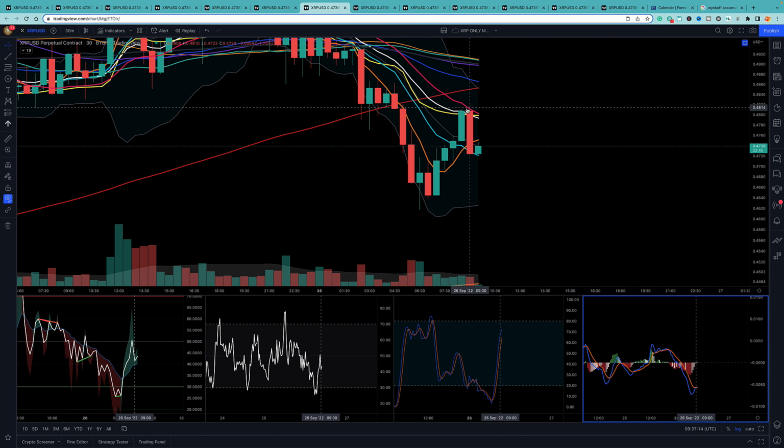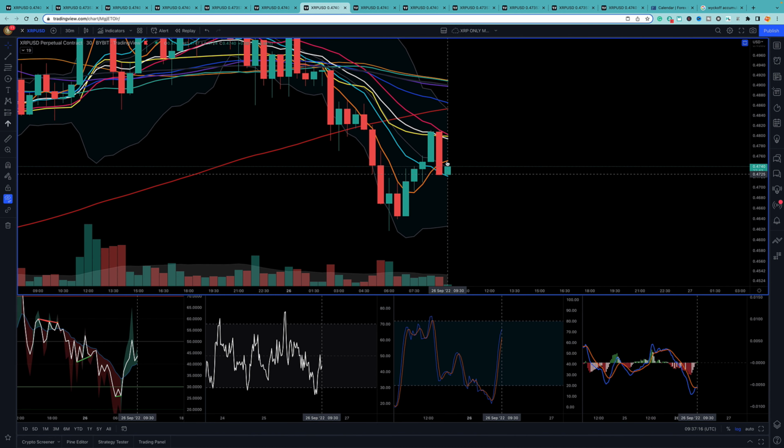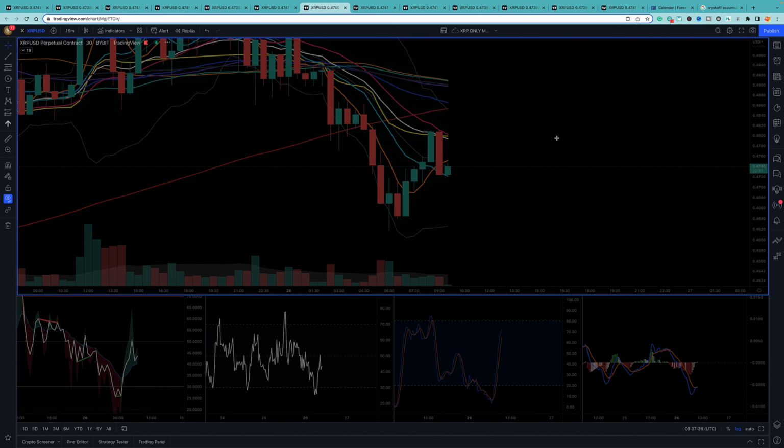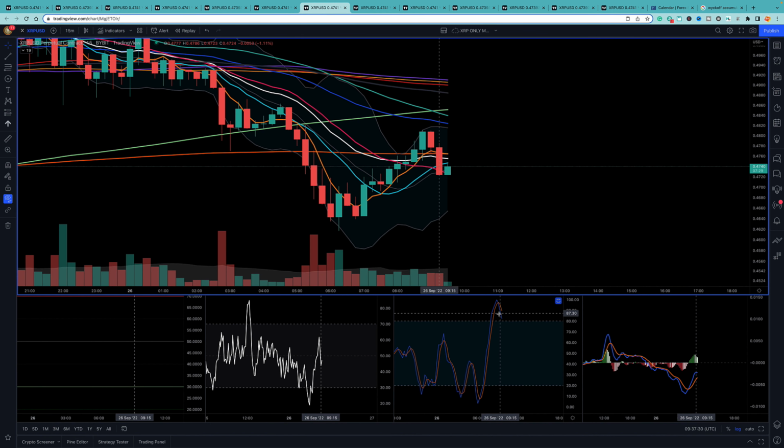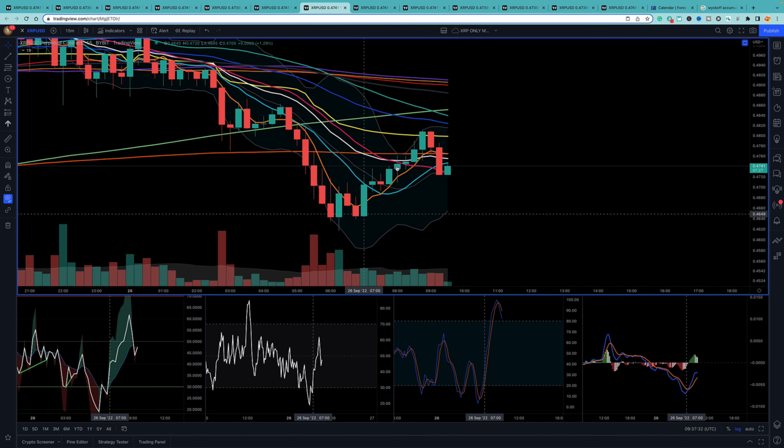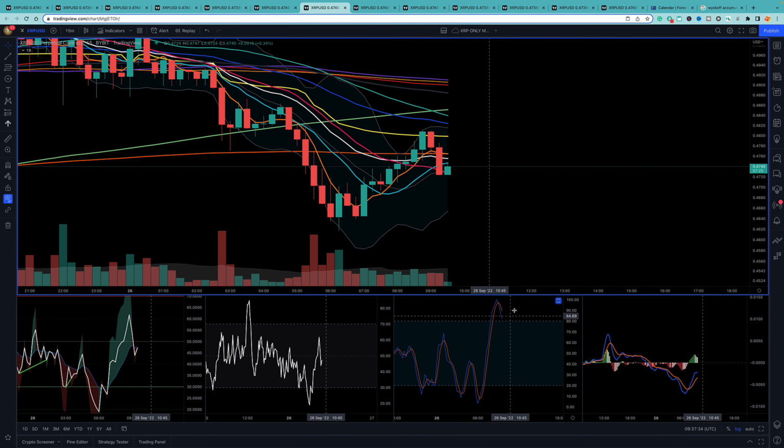So you can see here there may be one more push up to the 200 at 48.52. Maybe I could be wrong. I'm just going to look at the 15 minute and see how the 15 minute is doing. Okay, the 15 minute is already at the top here. It doesn't mean it can't go a little bit more.